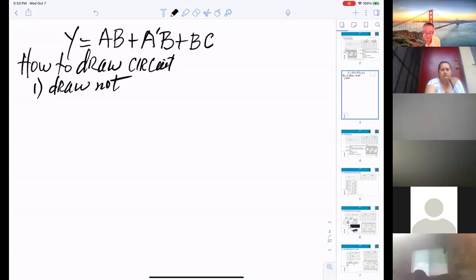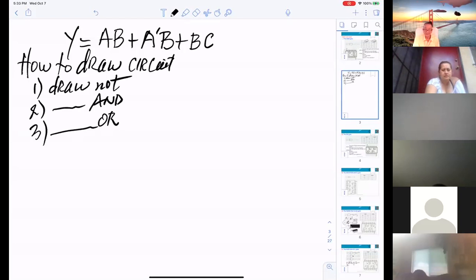That means not yet. You get a not A. Second thing, draw the AND. Number 3, draw the OR. Okay? So the first thing, you can get A here. Get A. And B. That's the gate.